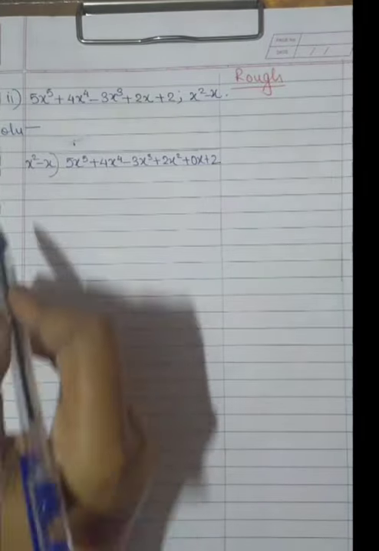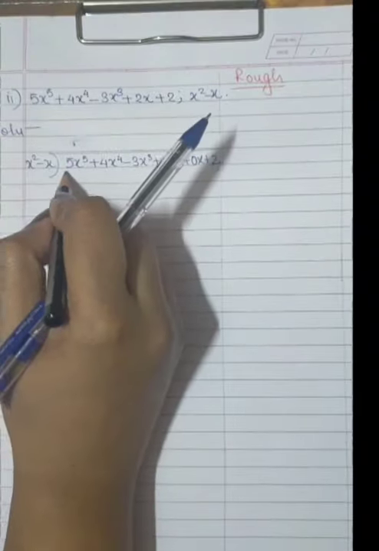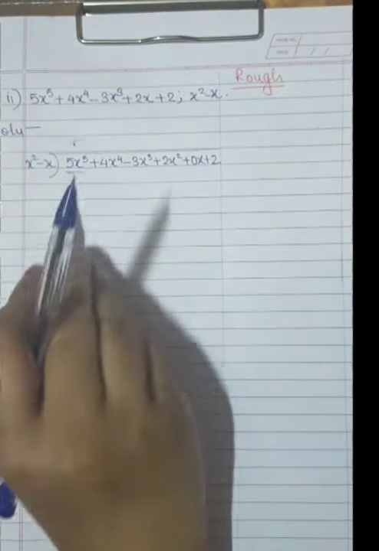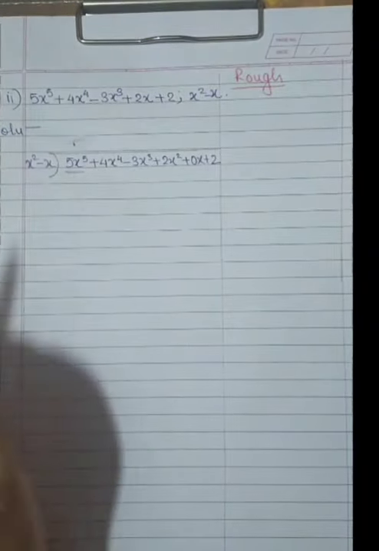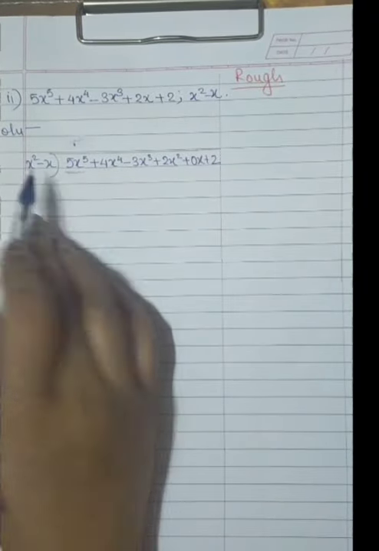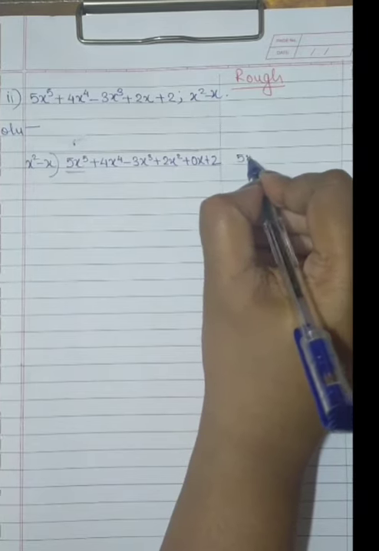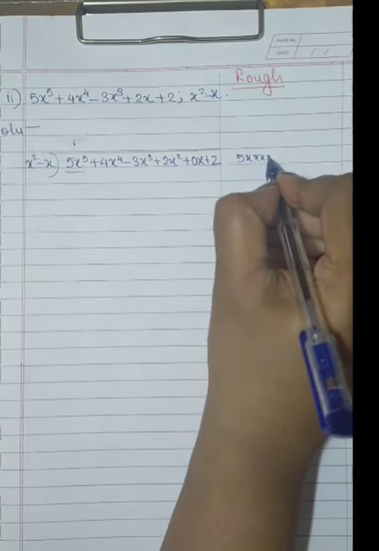Now here, as you can see, 5x² is there, so we have to divide this with x². I am showing here how to do that. 5x times x will come.